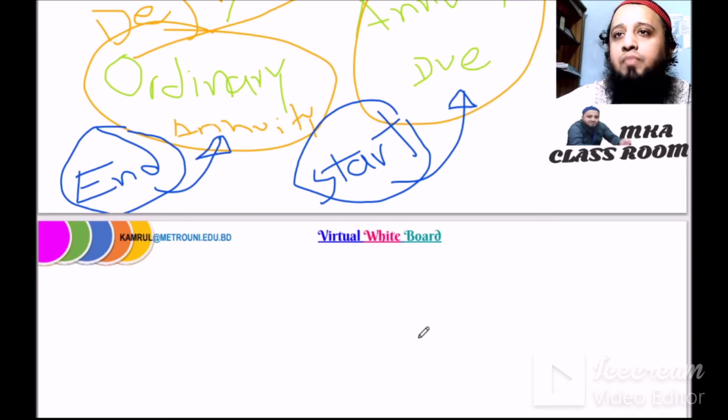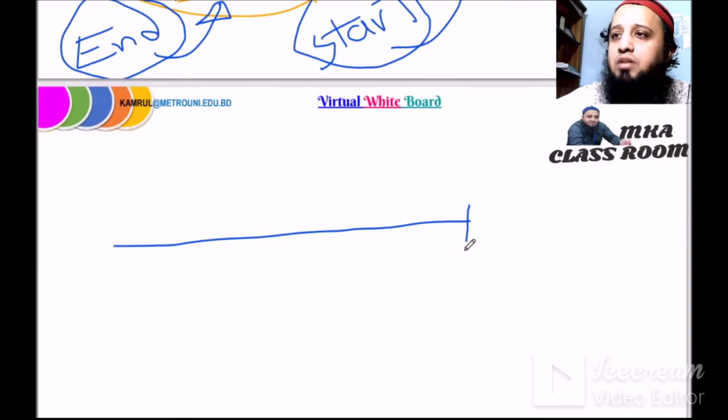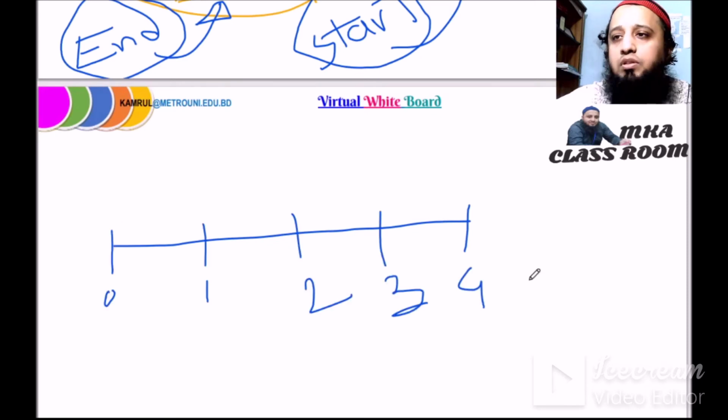Now, we can see an example with the timeline of annuity due and ordinary annuity. That is our timeline 1, 2, 3, 4. That is a 4-year project. Two projects, one is ordinary annuity, another is annuity due.